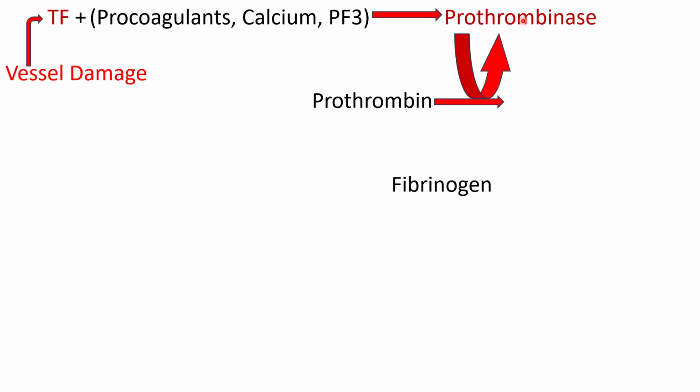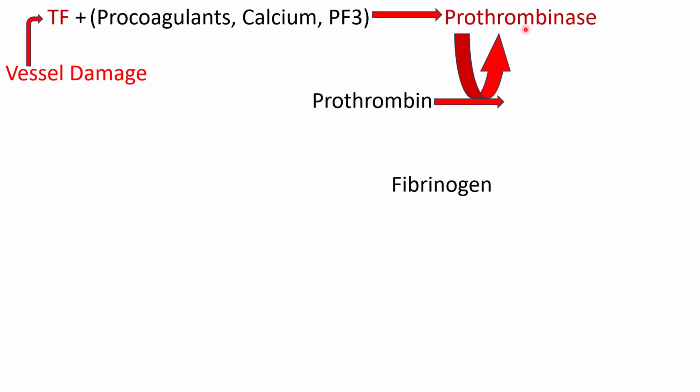This says prothrombinase causes a reaction to happen, but we are left with prothrombinase afterward. The prothrombinase causes something to happen, but it remains prothrombinase. It does not change. But down here, prothrombin is going through a reaction because of the prothrombinase.